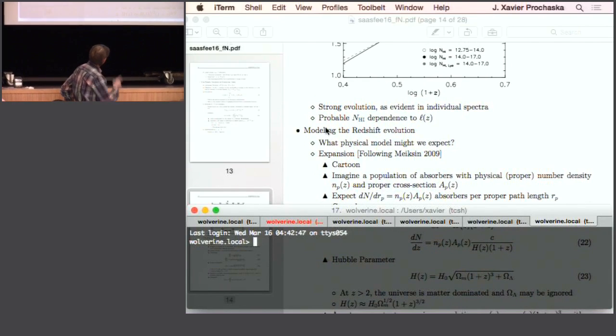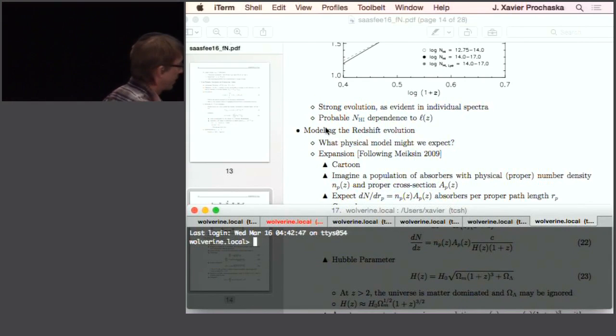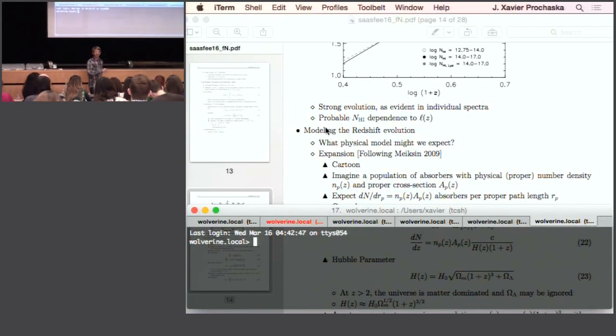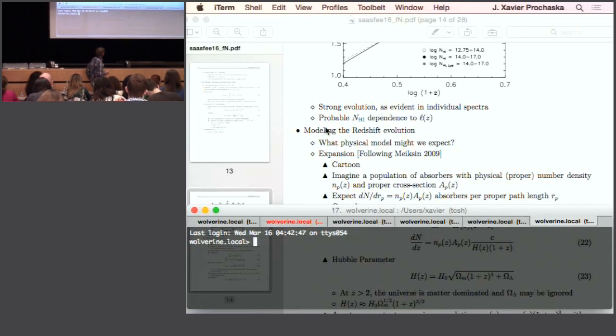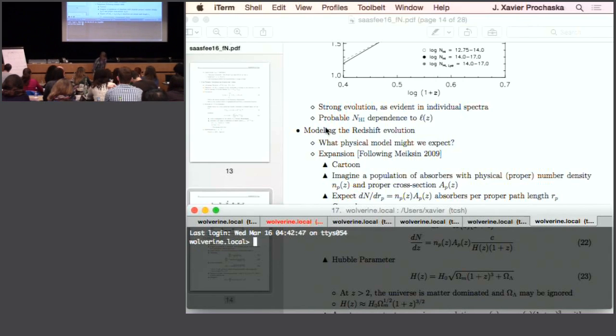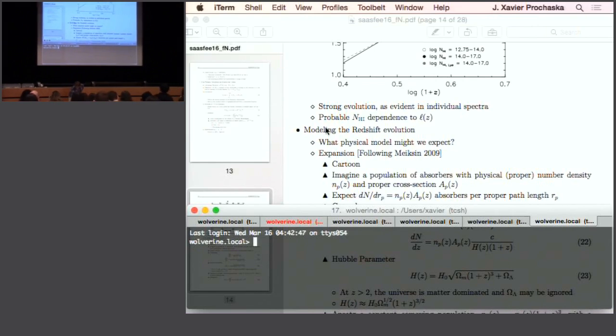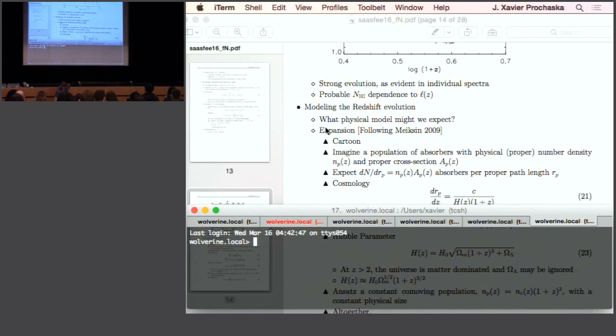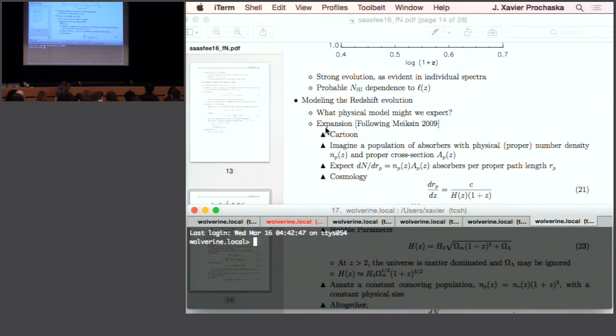And I'm expressing it now in terms of r instead of s, but that's the physical proper length that as you travel through the universe, the number of absorbers you'd get per physical path length would be proportional to the number density of the sources and the size of the sources. Now bringing in cosmology, the relationship between the physical delta of the proper path length and delta z is just given by c over the Hubble expansion times 1 plus z. If it was co-moving, it would just be c over H, as you probably know.